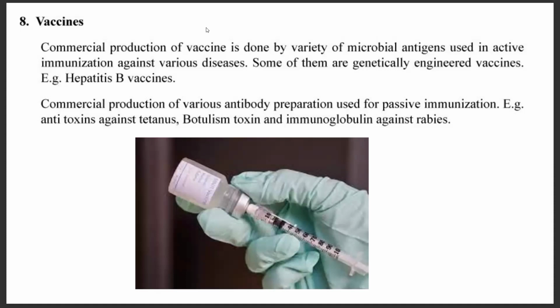Commercial production of various antibody preparation used for passive immunization. Right? You know, under immunity you learn active immunization and passive immunization. So for passive immunization, example, antitoxin against tetanus, botulism toxin and immunoglobulin against rabies.